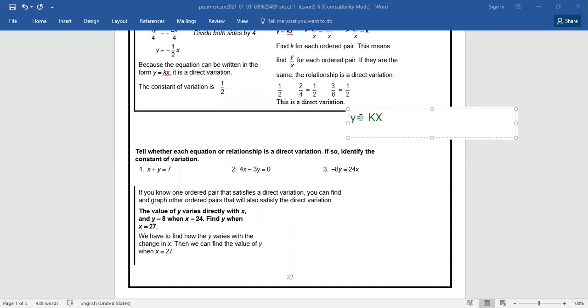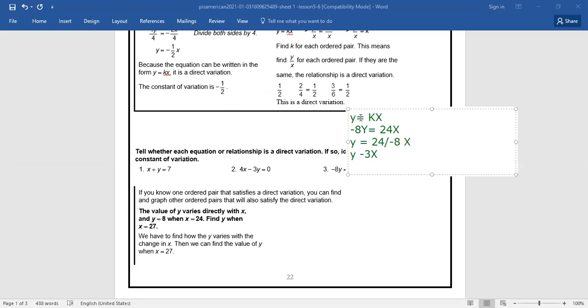For this question, we have negative 8y equal 24x. You told me that this one is a direct variation, but you don't know how to find the constant. So y equals 24 over negative 8 x, which means you divide both sides by the coefficient before y. Then y equals negative 3x.